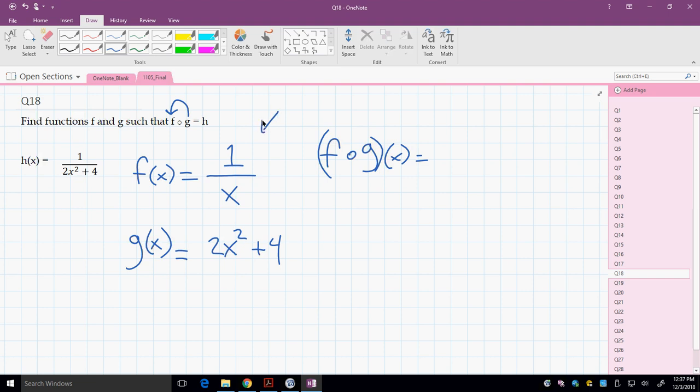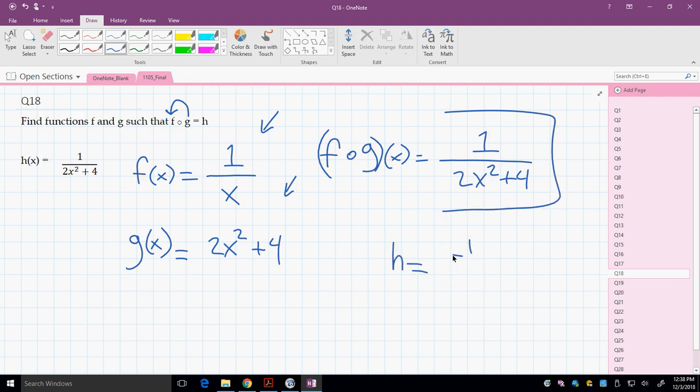If they're giving you these two functions, you will have done 1 over 2x squared plus 4, which is taking you back to the h function.